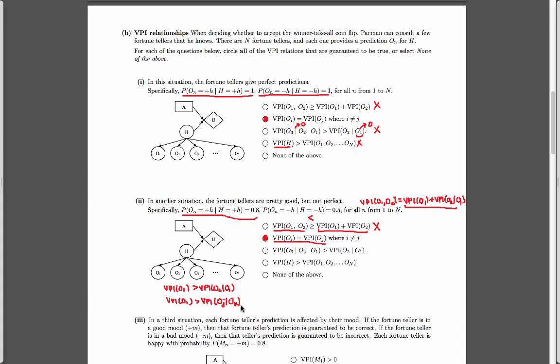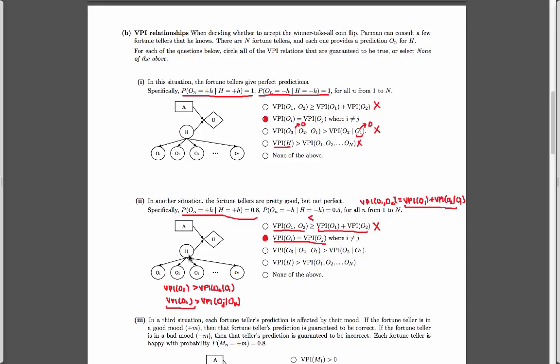This case is similar to the first case, where the first observation you get will give you the most information about your utility, and each time you get another sample, you will get additional information about how to increase your utility, but the amount of information that you gain for each additional sample is going to decrease, because as you gain more samples, you know more and more and have more confidence about what H is equal to.